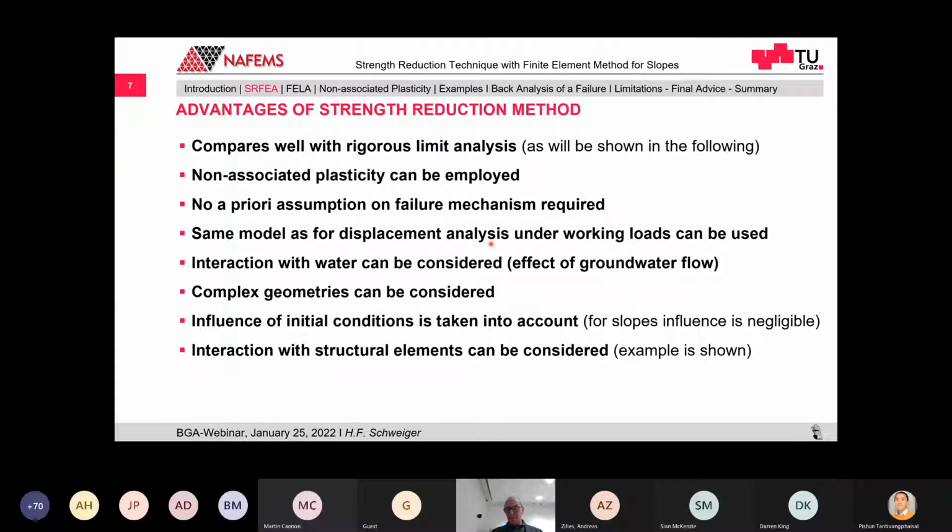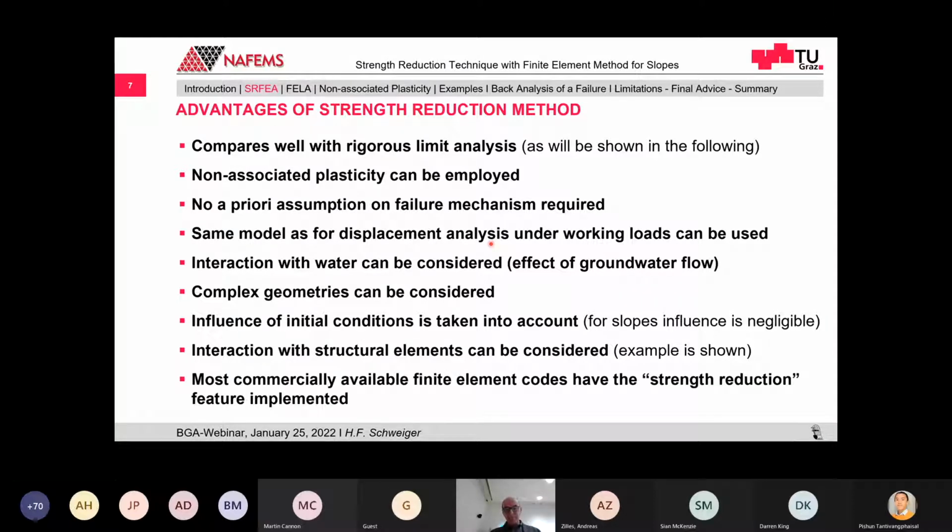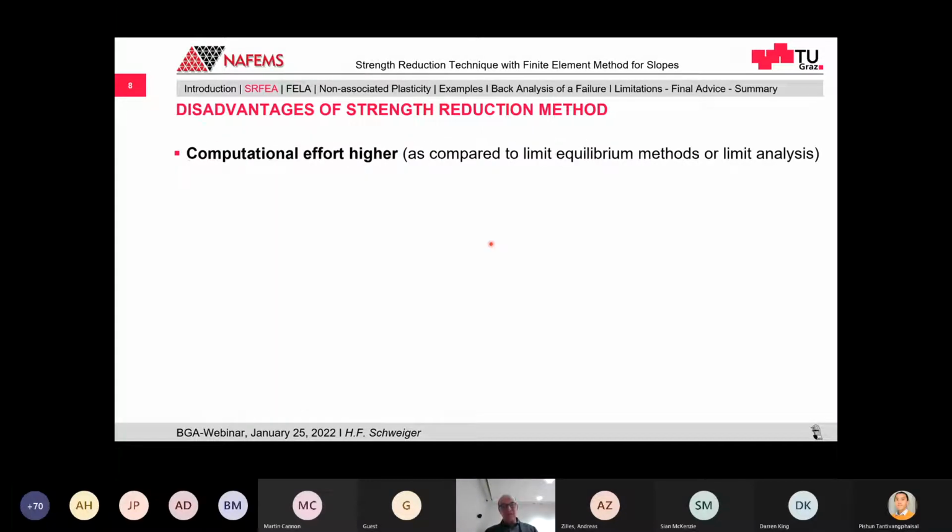And I will show an example later on, which is also important, but you have to be aware again that you have to think how you model your structural elements. And finally, I think most of the commercially available finite element codes now have the strength reduction feature implemented, and I think also the finite difference code FLAC has it. So it's quite readily available.